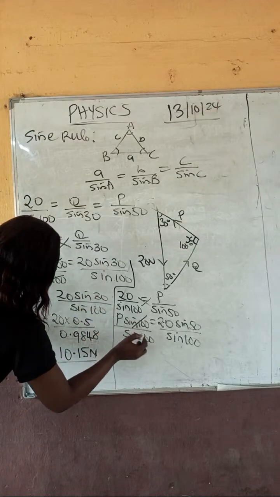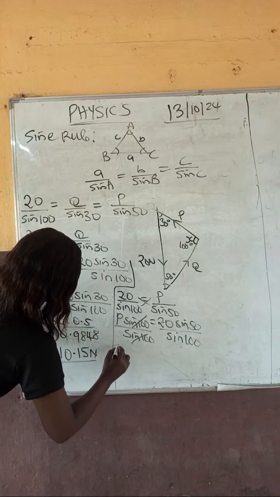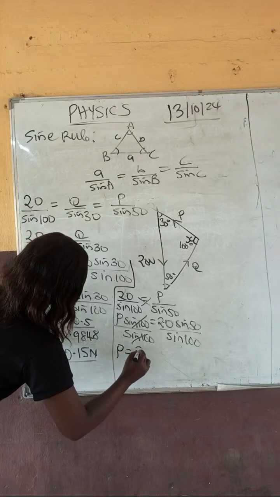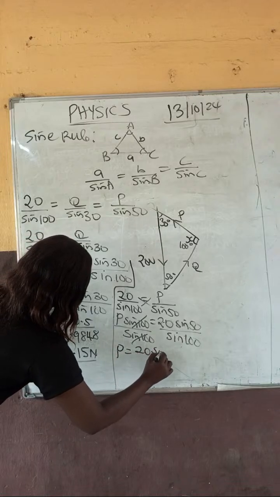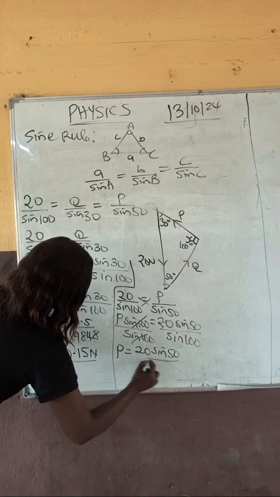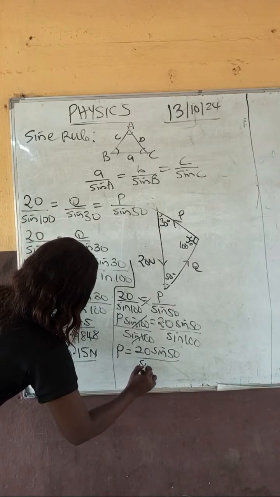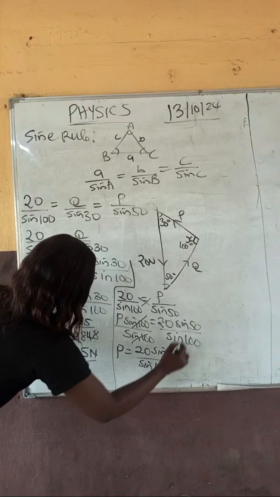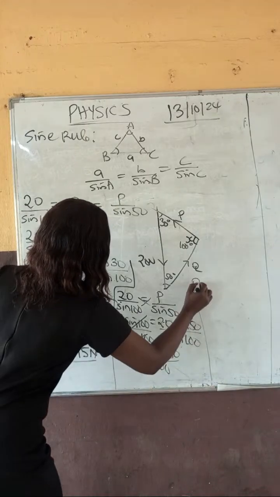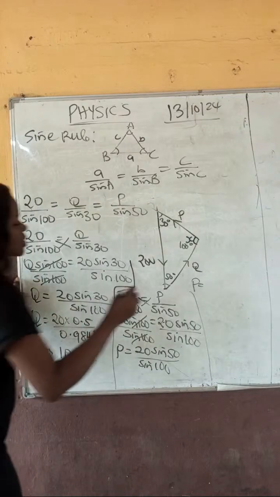Then sine 100 cancels sine 100, to be left with what? P is equal to 20 sine 50 divided by sine 100. So let's work it out.